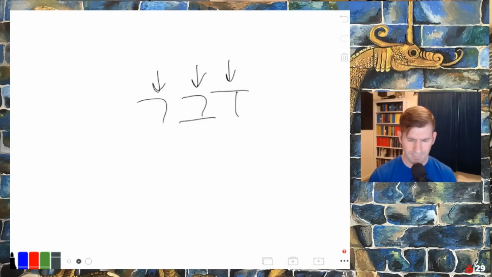So these three consonants, dalet beit resh, have a general meaning of talking or saying or speaking. So a davar is like a word, something that is spoken.